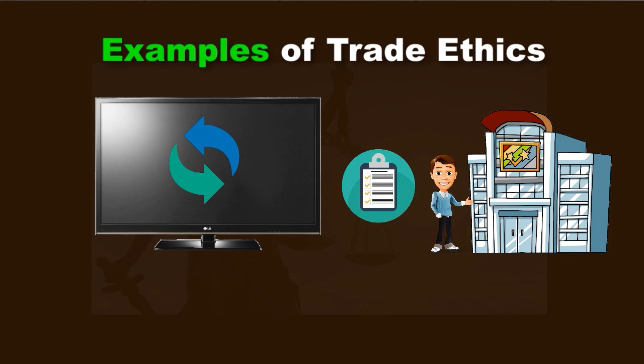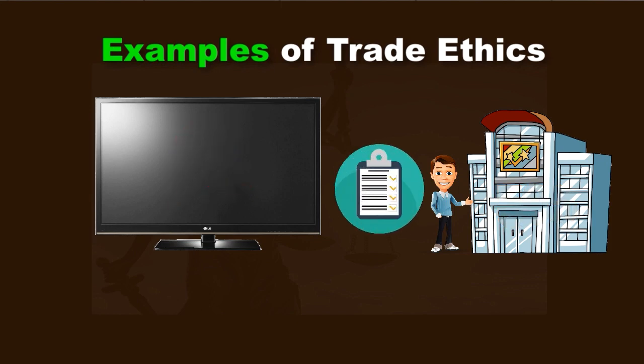But the shopkeeper refused to change the TV, and he said that as per our terms and conditions, I am liable to pay you only 50% of the price of this TV, as you can check at the back of the receipt that I gave you. So this is against trade ethics.